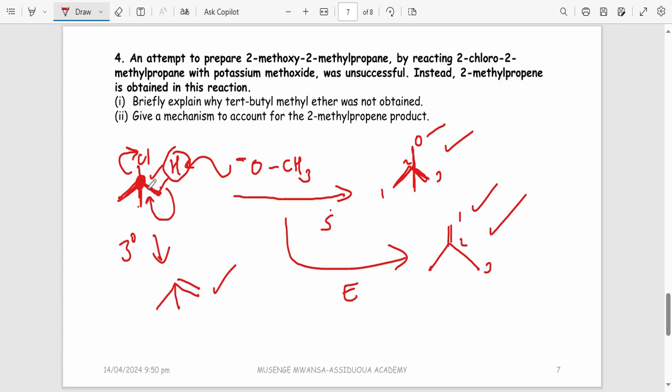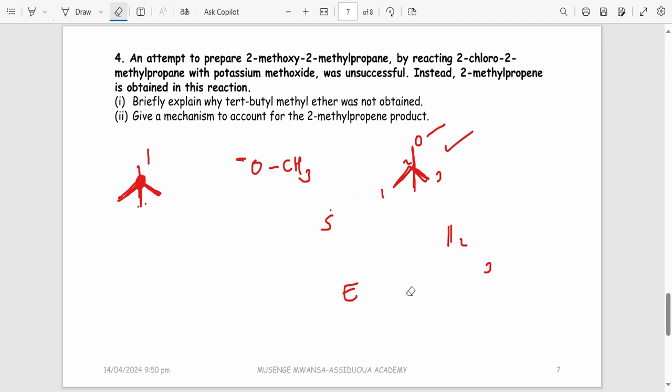But then, because this thing is tertiary, the mechanism is not even likely going to happen by the 2. It can happen by the 1. That is E1 or SN1. Let's say if the mechanism is supposed to happen by the 1. We've already seen what is going to happen. Now I'm just trying to show you what would have happened if it was supposed to happen by the 1.